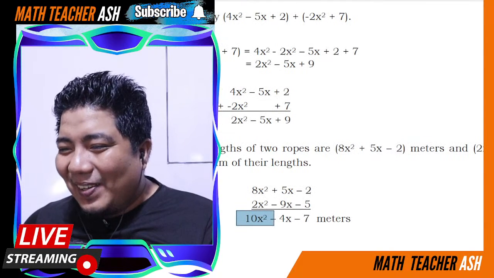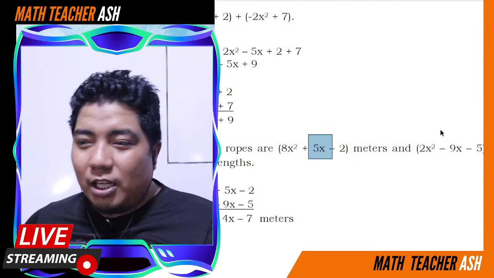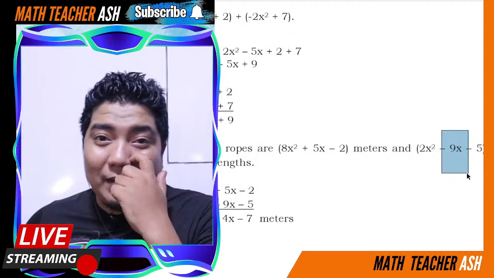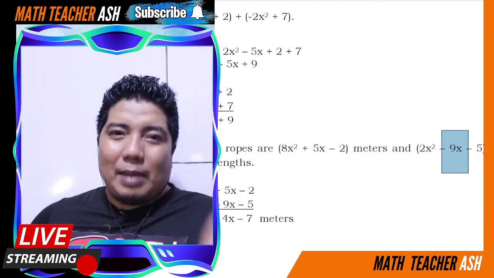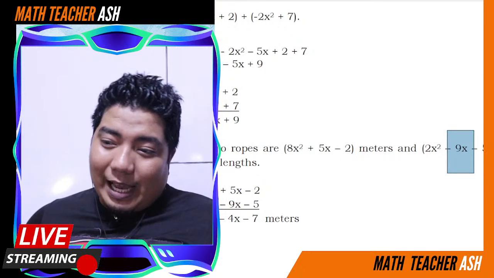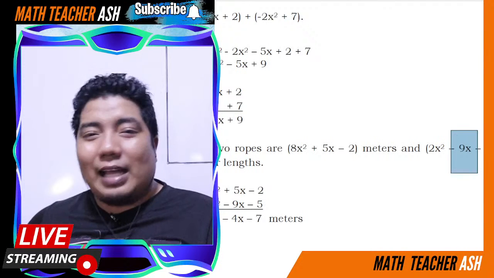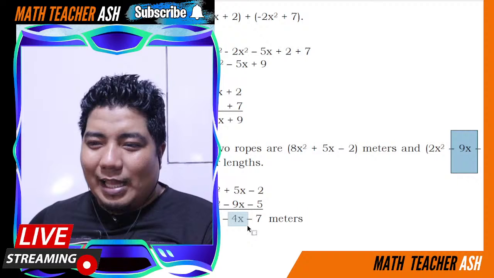Alright. Okay. So, how about this one? 5x. The linear term. Ito naman, negative 9x, the linear term. So, 5x plus negative 9, 5 plus negative 9, they are unlike signs at ang mas malaki ay 9. So, therefore, minus tayo. Negative ang sagot. Negative 4x. Okay, and that is the one.